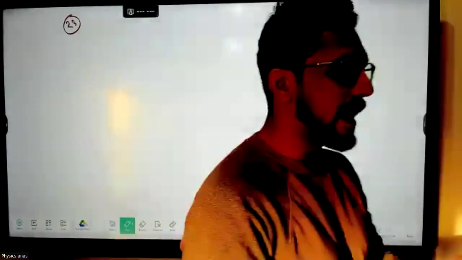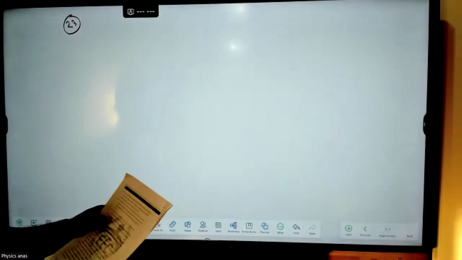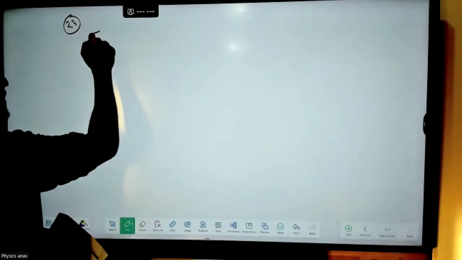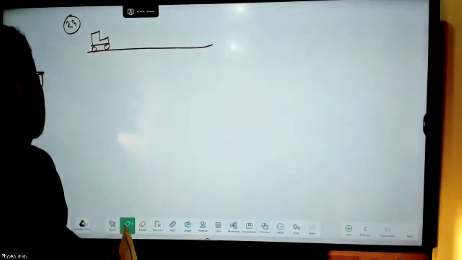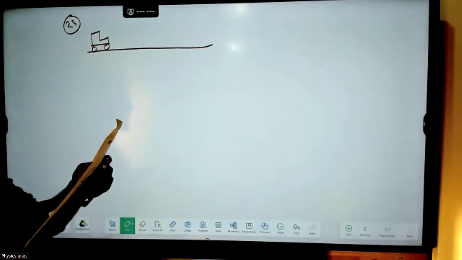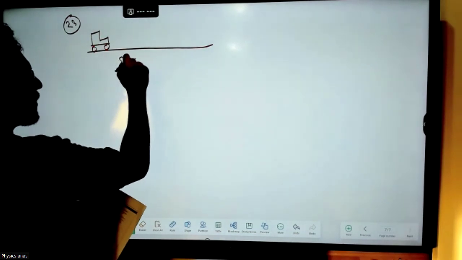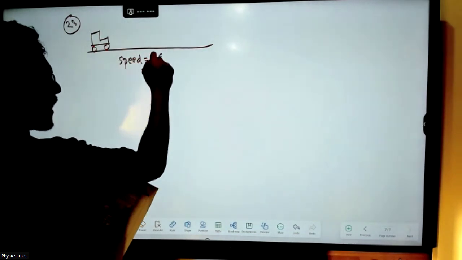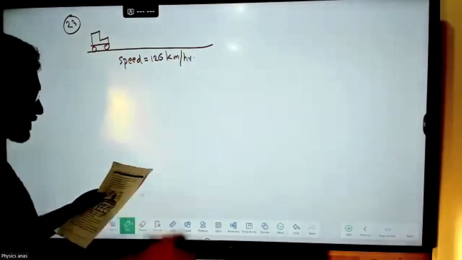23rd question. A car is moving along a straight highway with a speed of 126 kilometer per hour.